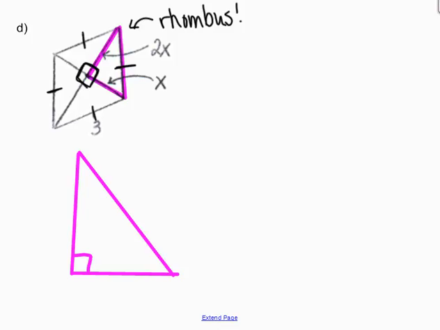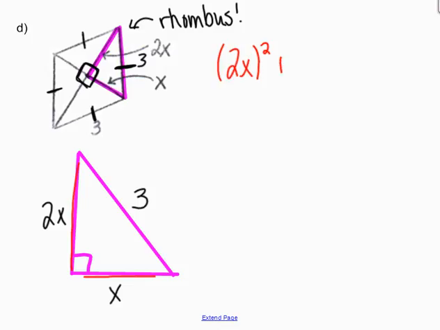So if I were to relabel this, this would be 2x, this would be x, and since in a rhombus all the sides are the same, this 3 also goes over here, so I'm going to write 3 over there. So now I'm going to have to do Pythagorean theorem. So I'm going to take (2x) squared plus x squared equals my hypotenuse squared.